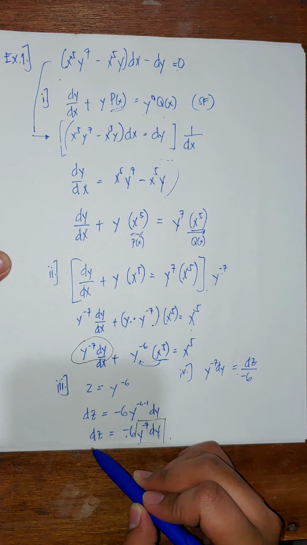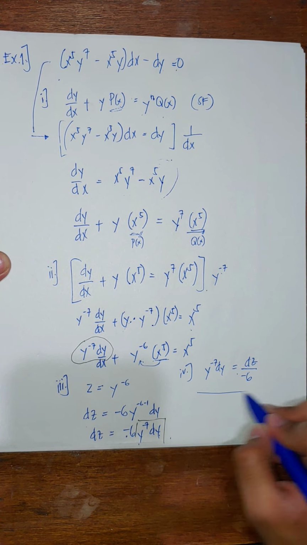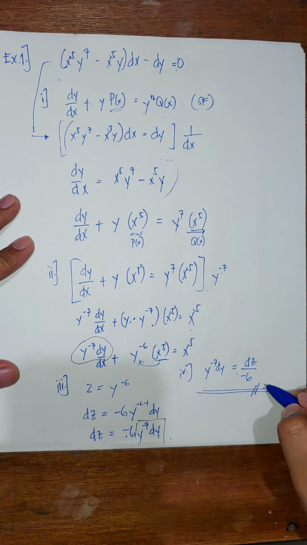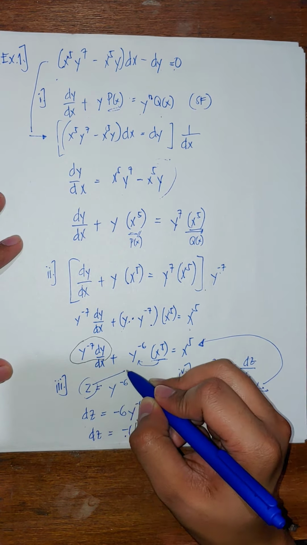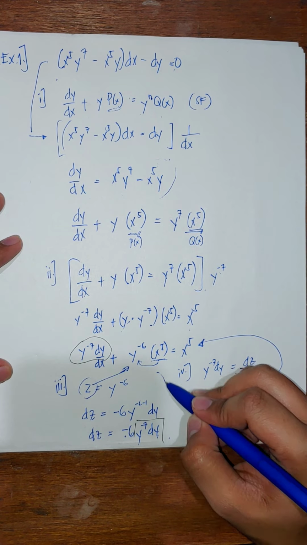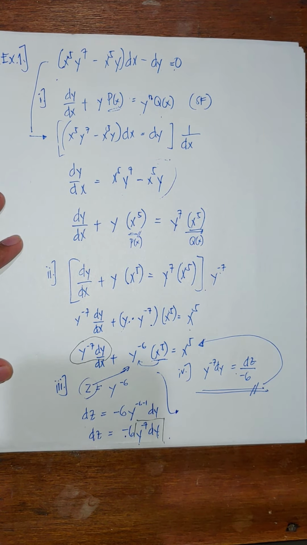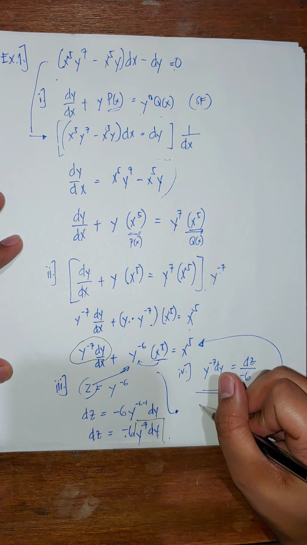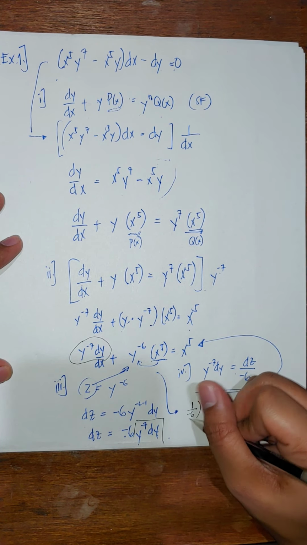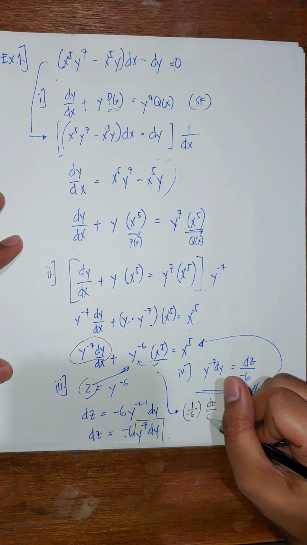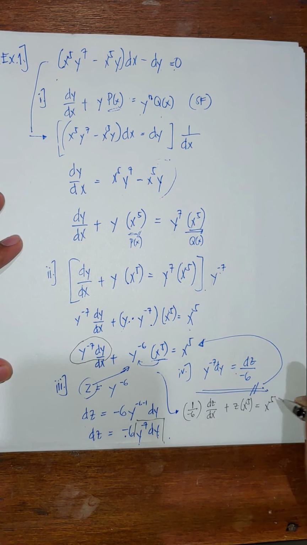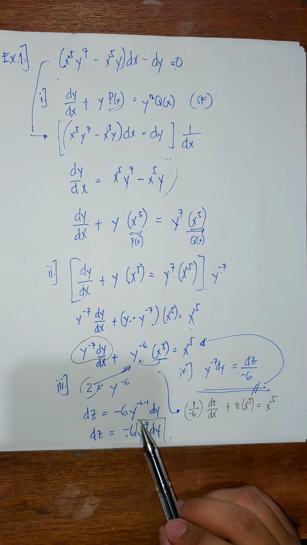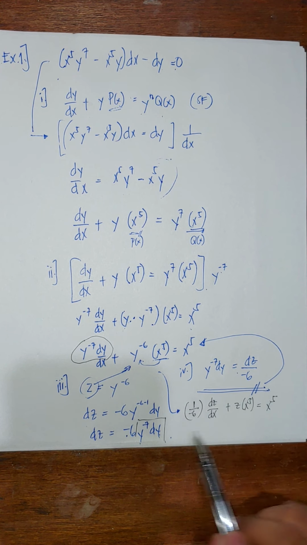Finally, we substitute this value and z here. So we can rewrite the whole equation as 1 over negative 6 times dz over dx plus z times x to the fifth is equal to x to the fifth. If you notice, I directly wrote dz over dx.